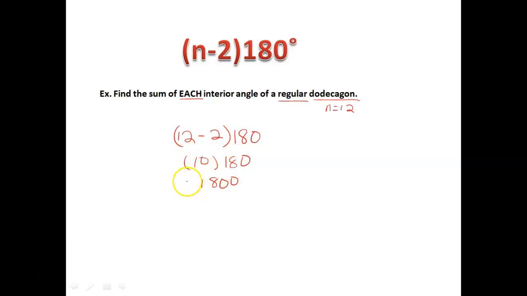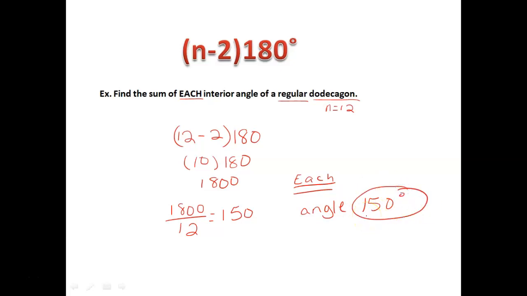So all of the angles will add to equal 1,800 degrees. But I'm asking for each. So I need to divide by the number of sides. So if there are 12 sides, I divide by 12. 1800 divided by 12 is 150. So each angle measure would be 150 degrees.